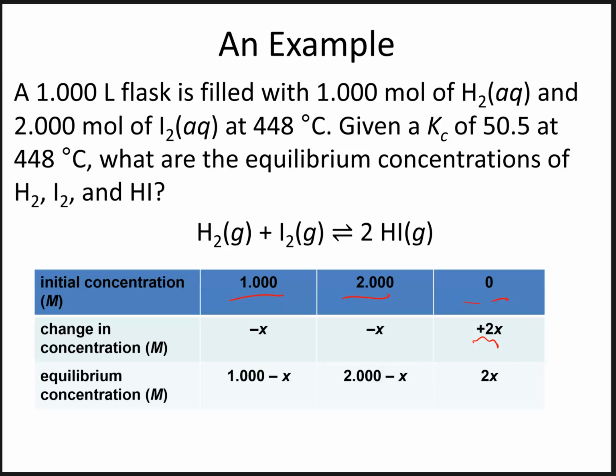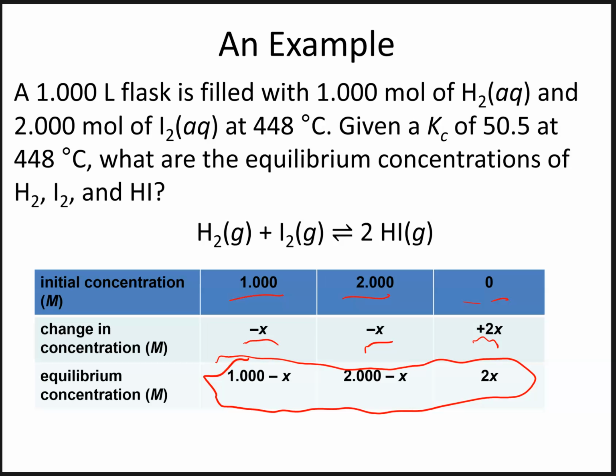But we also know the reactants are going to decrease because one side has to go up, the other side has to go down, so we have a negative change, and we say it's minus x because the stoichiometry in the problem is minus x corresponds to minus 1 hydrogen, minus x corresponds to 1 iodine, and the product of plus 2x means that you get twice as much HI. So at equilibrium, what we have is concentrations which reflect the change from initial conditions.